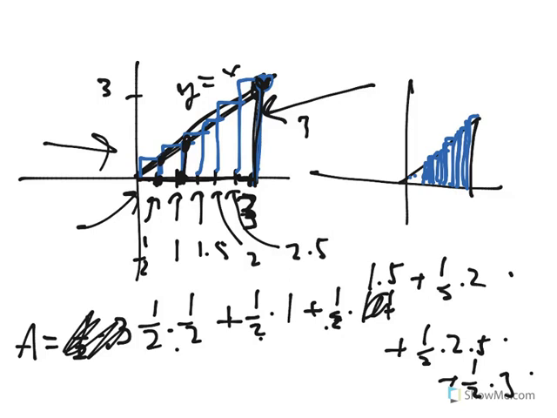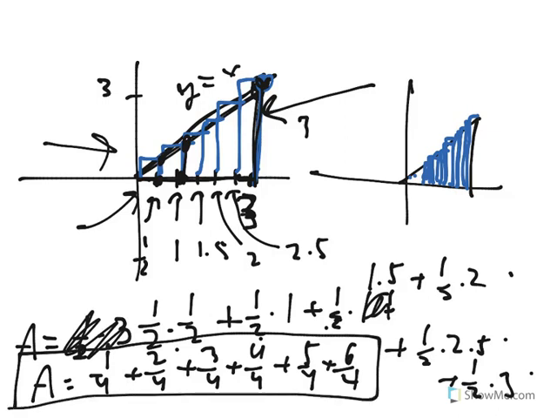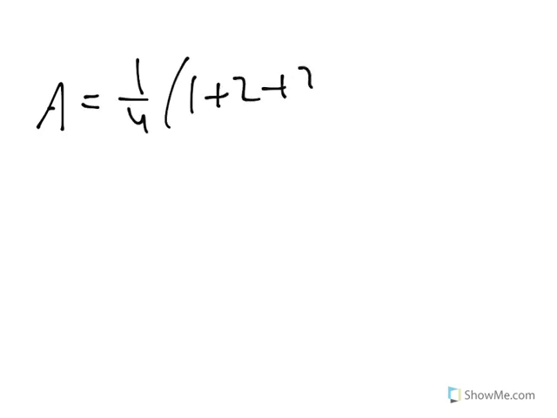Now, if I were to make all these rectangle areas, all 6 of them, into fractions and give them a common denominator, I would get this expression. And notice how they all have fourths in there. So if I were to factor that out, I'd get area equals 1/4 times 1 plus 2 plus 3 plus 4 plus 5 plus 6.